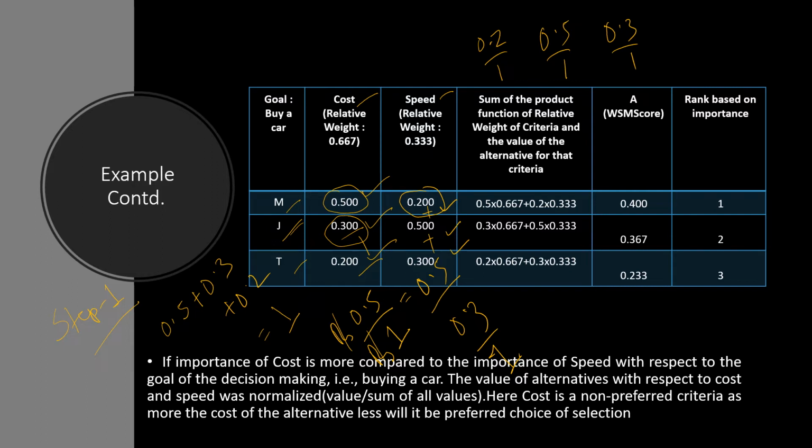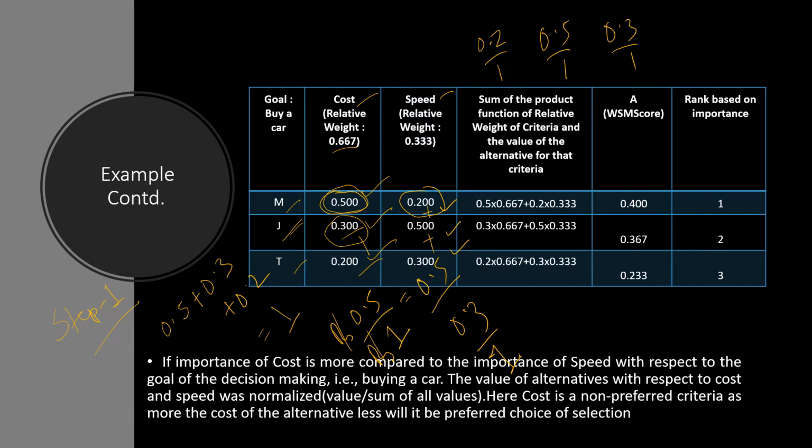Now we will apply the aggregator. In case of WSM, the weighted sum method, the step is like this. You multiply the normalized value of cost with the weightage of cost. This weightage of the criteria will already be given in your numericals, and it depends upon the individual decision maker.